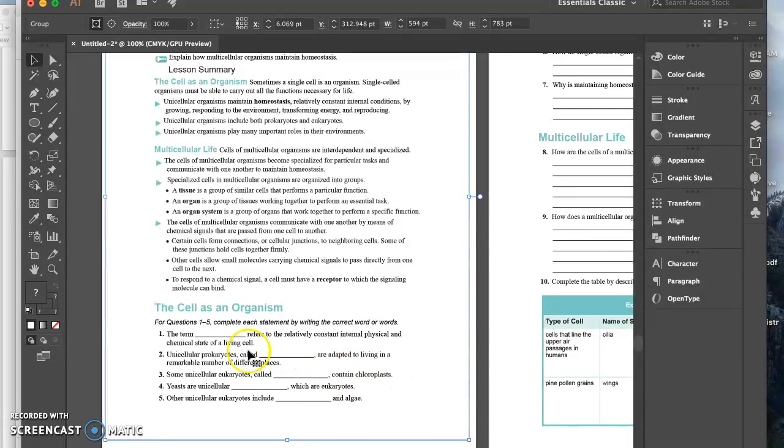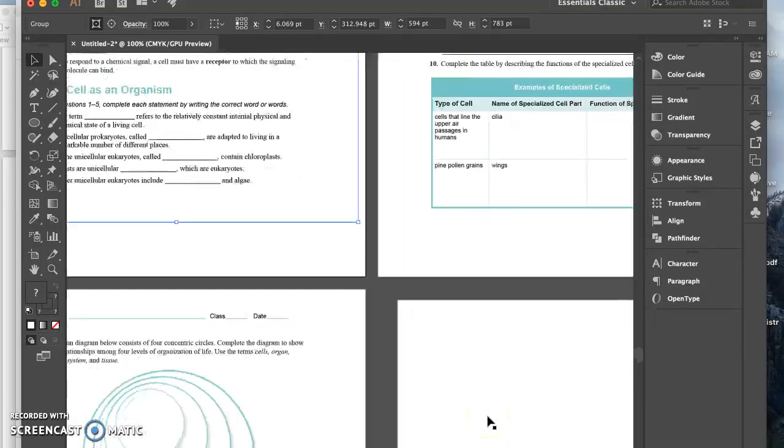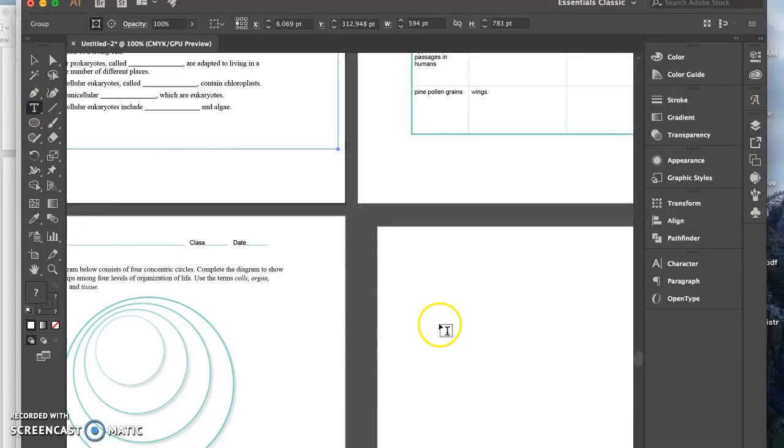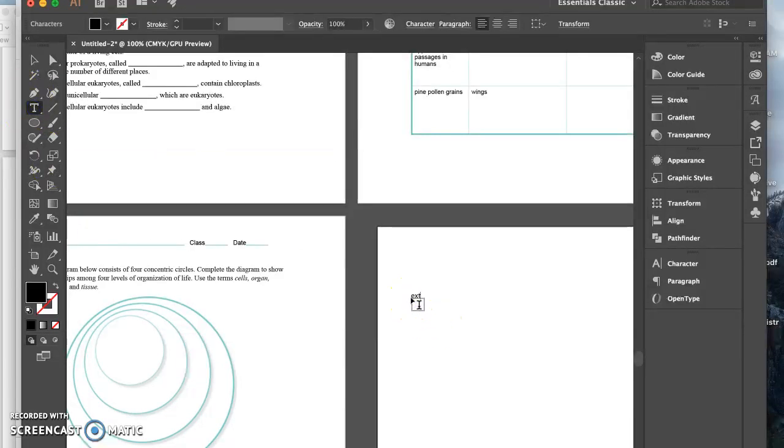I was looking in the text, I don't think you could find this, but there are certain types of prokaryotes that live in very non-hospitable places, such as volcanic vents under the ocean or even on land. And they have a number of names. I have heard the word extremophile or thermophile. Let's write those down over here. So let me grab my text here.